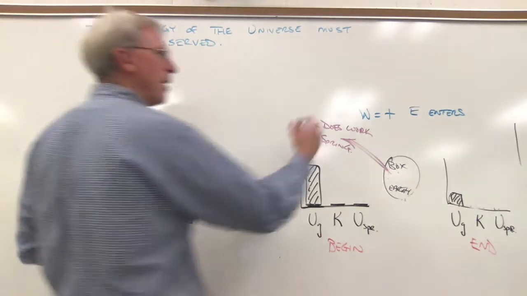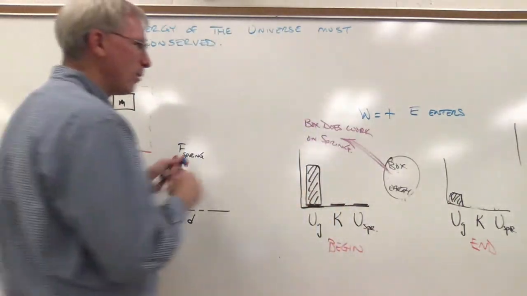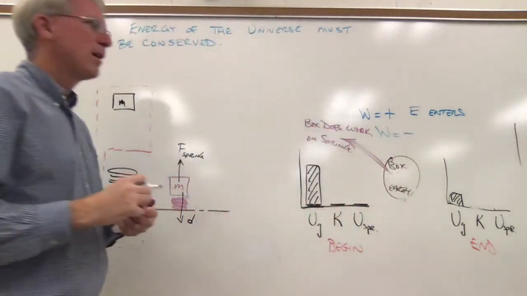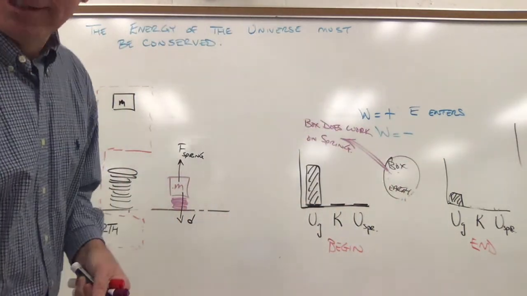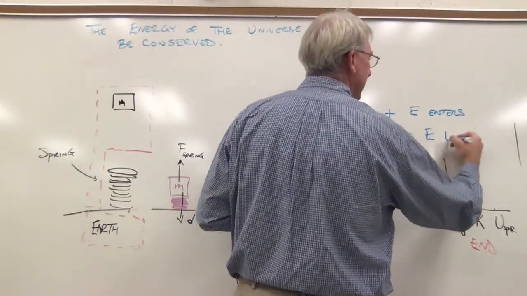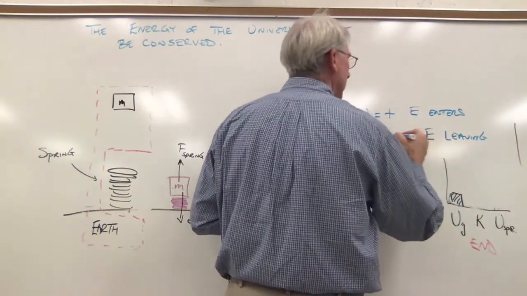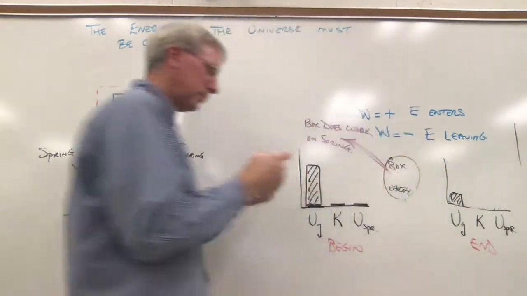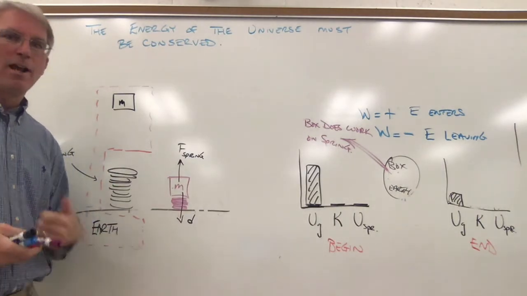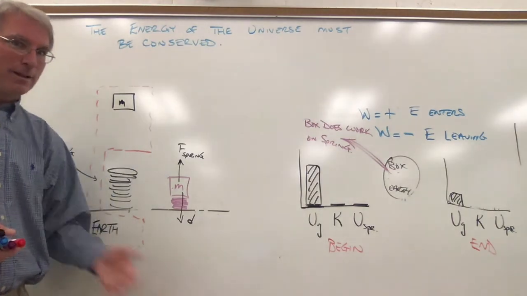And so now my work is going to be negative because my work is exiting the system, or energy is leaving the system. Okay, so whenever my force and my distance are in opposite directions, that means that work is being done on something else and it's leaving the system.